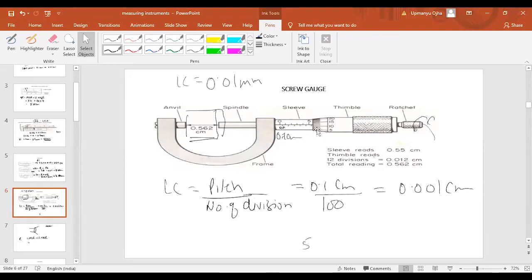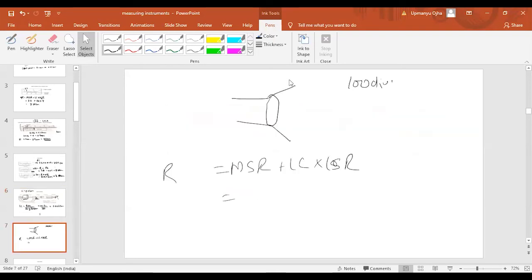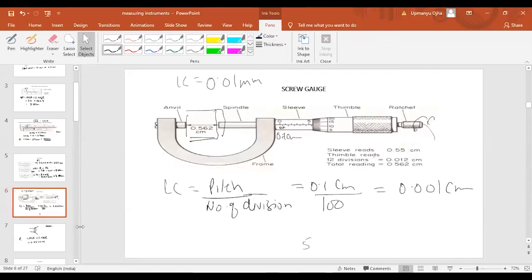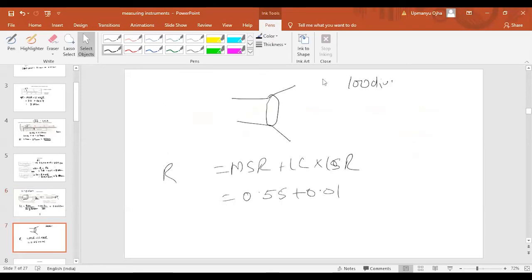If the 12th division is coinciding, we get the reading as 0.5 plus 0.001 into 12.